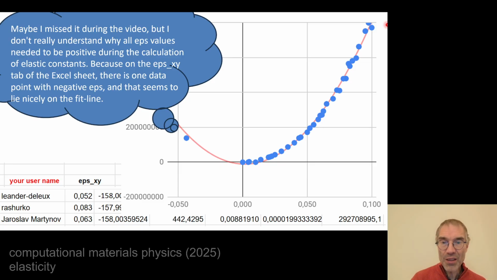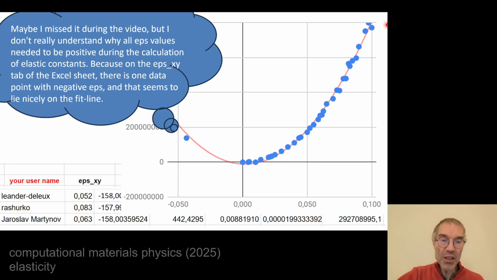For other cases where you would need to elongate a crystal, elongation can always be done. You can compress a crystal in one direction and pull it apart in the same direction. There it is always possible. For some other epsilons, you do not always get easily a negative value, but negative values are definitely possible.